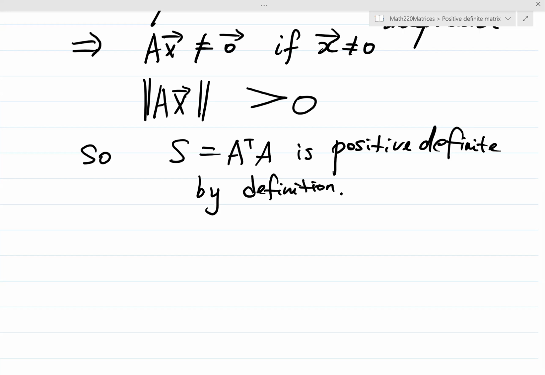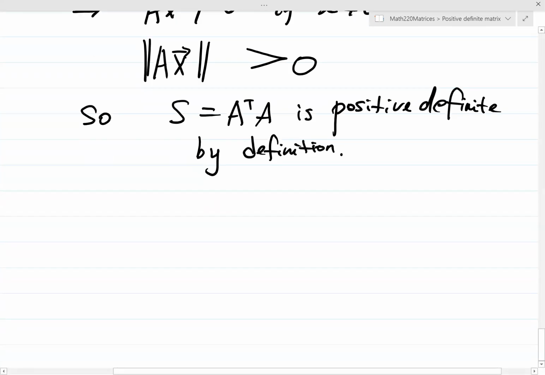Let me summarize some conditions that determine when a matrix is positive definite. Here is a theorem; some parts we already proved, some we haven't.